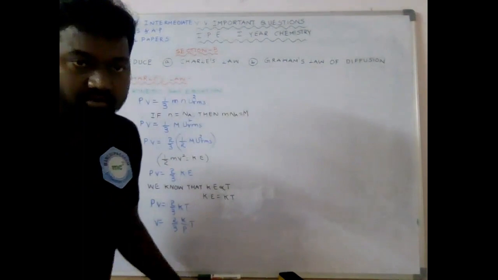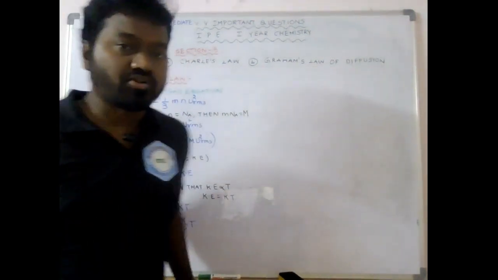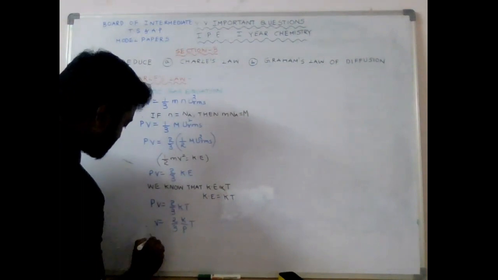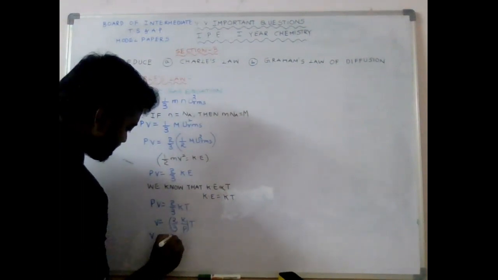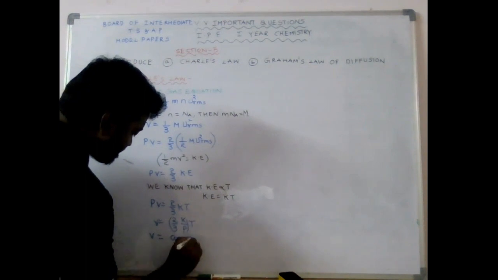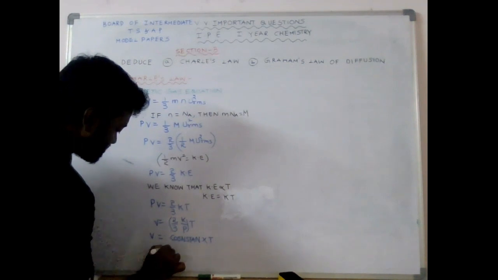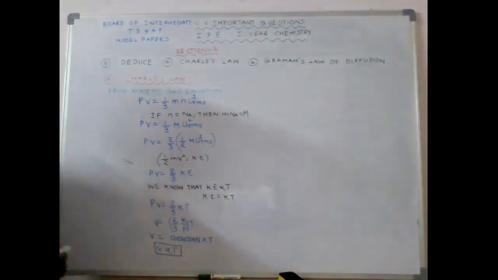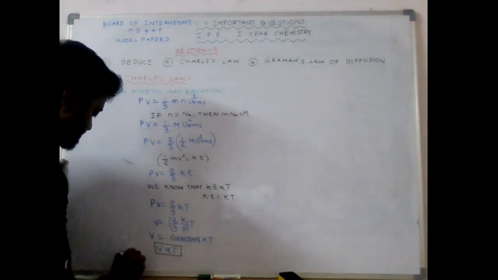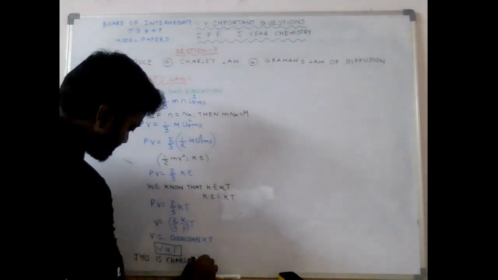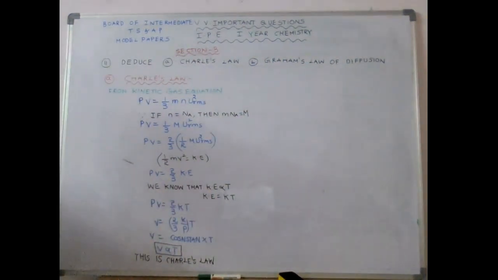At constant pressure, we are assuming that pressure is constant, so the whole term is a constant. So V is equal to constant into T. You can write this as V is directly proportional to T. This is Charles' law. Finished. Very simple, right?